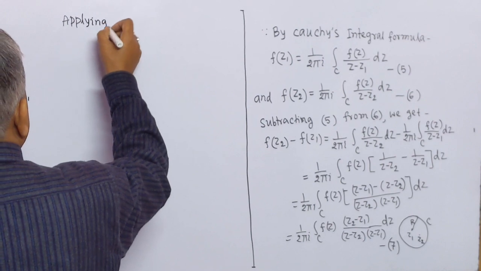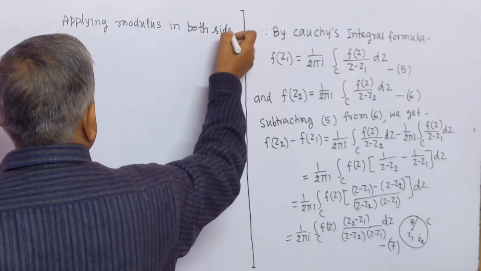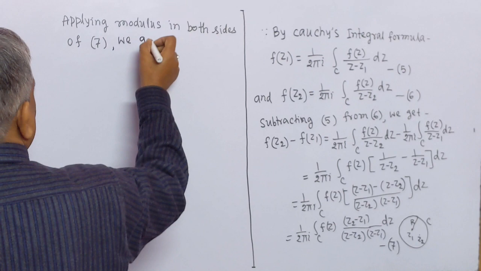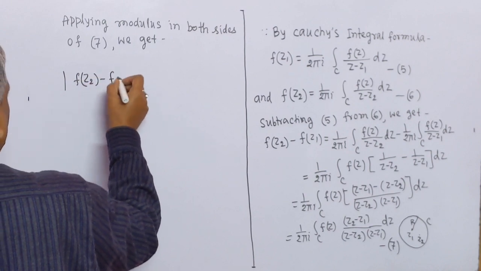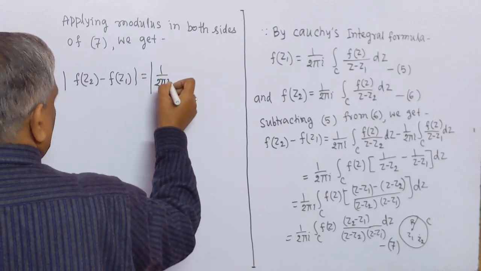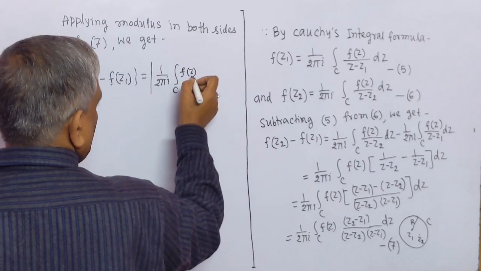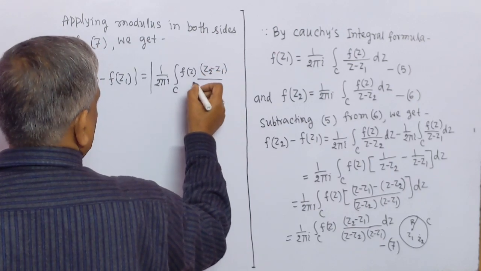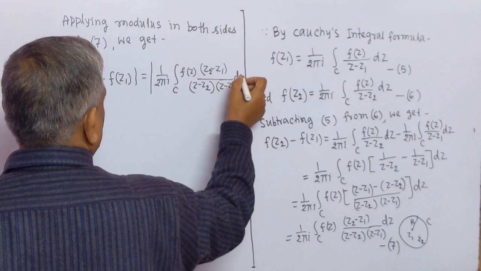Applying modulus on both sides of 7, we get modulus of f(z2) minus f(z1) equals modulus of 1 by 2 pi i integration along the circle C, f(z)(z2 minus z1) by (z minus z2)(z minus z1) dz.